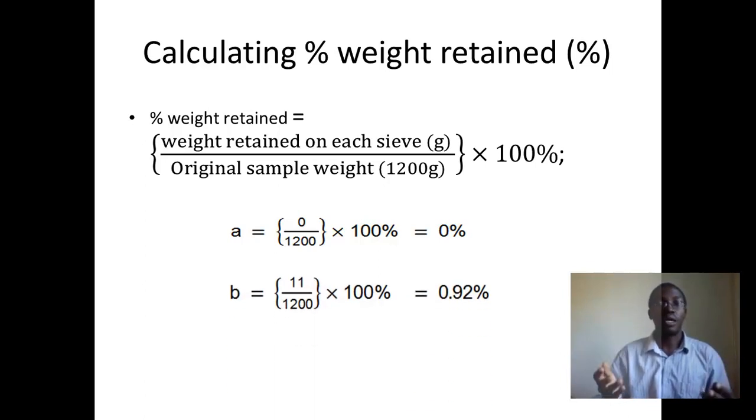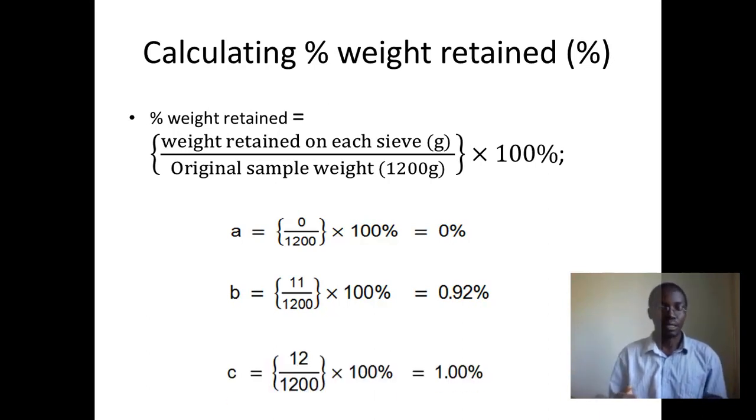For B is 11 divided by 1,200 times 100%, which is 0.92%. For C is equal to 12 divided by 1,200 times 100%, which is 1%.